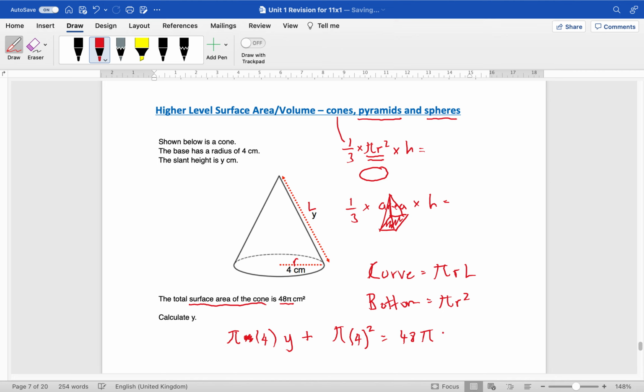Now, because pi is in everything I can see there, I can forget that. So I'm left with just the 4 times the y here, and just 16 here, 4 squared, equals 48. And now I've just got myself a nice little linear equation where numbers go one side, so the opposite of plus 16 is minus 16, so that's 32. So y is 32 divided by 4, which is 8.